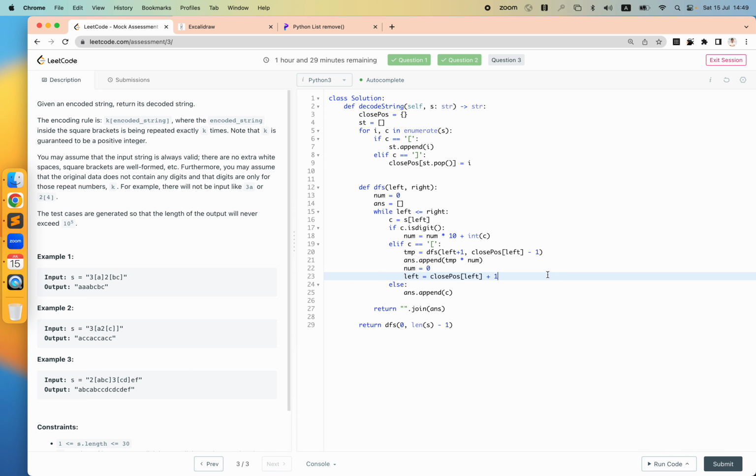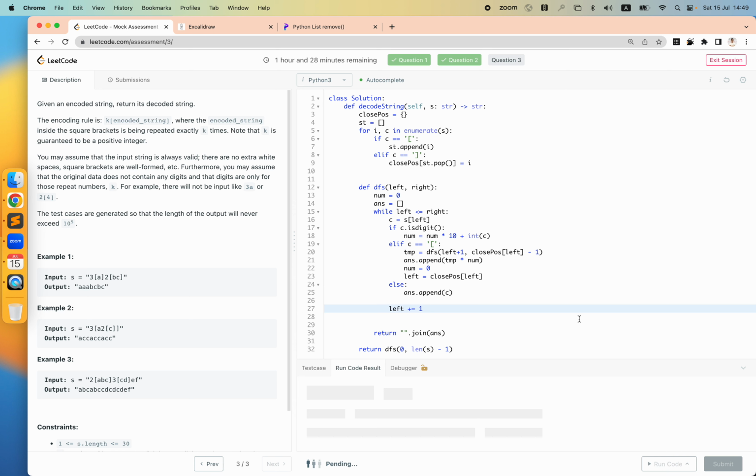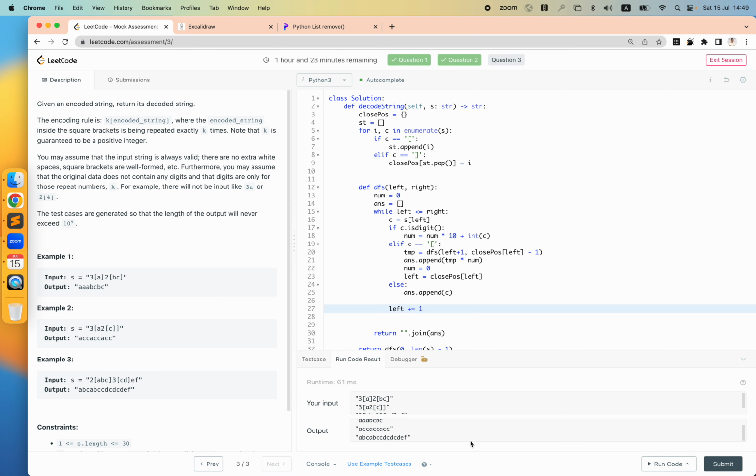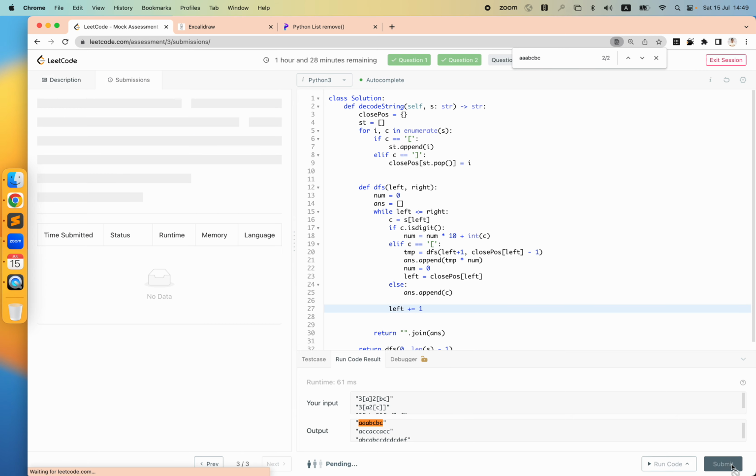This one, append this one, then left plus 1. Yes. Submit.